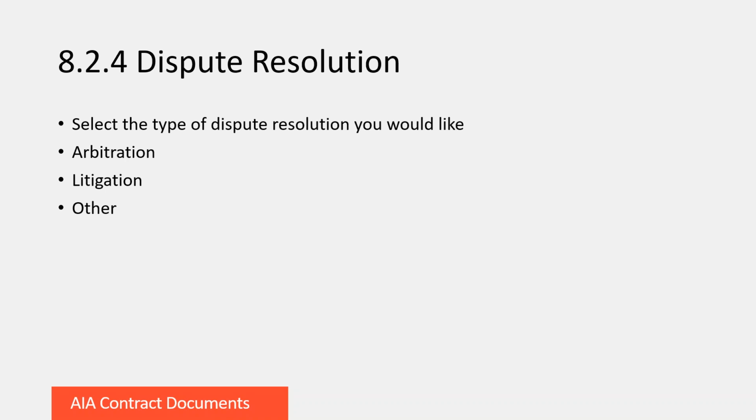To have binding dispute resolution, it requires the parties to opt into that form. So you could use arbitration, litigation, or something else. If this section is not selected, then the default is that the dispute will be resolved in court.